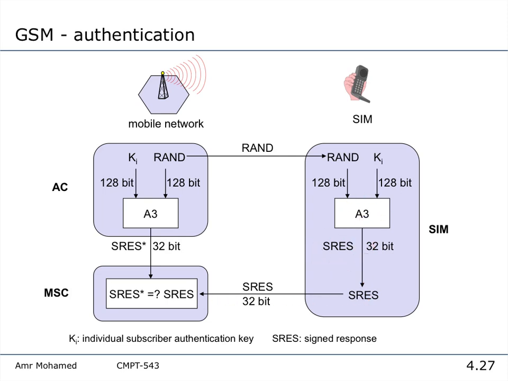This signed response will be sent to the mobile switching center, which receives the signed response from both the authentication center and the mobile station. Then it compares. If both of them are equal, then this mobile station is authenticated.